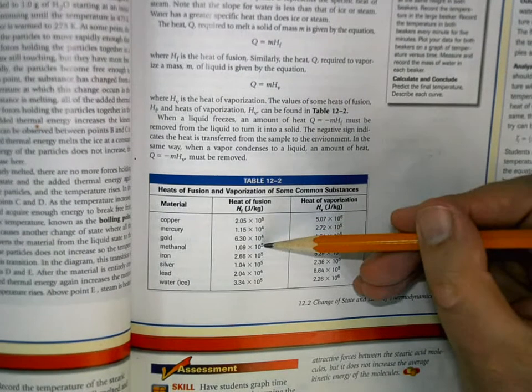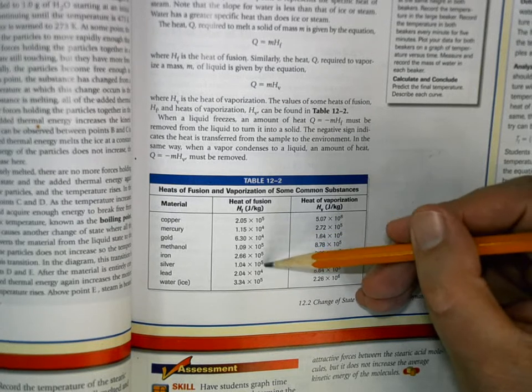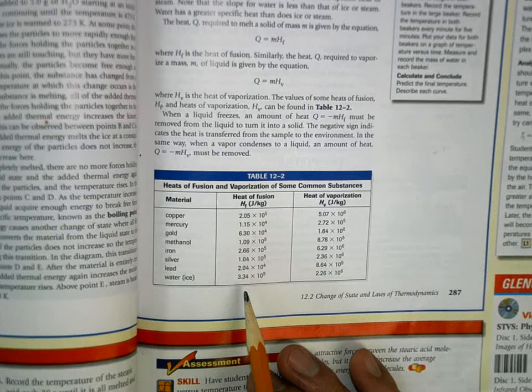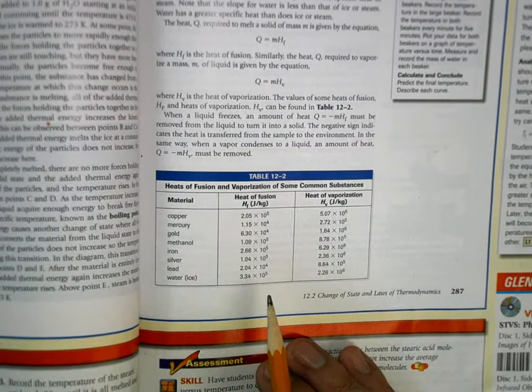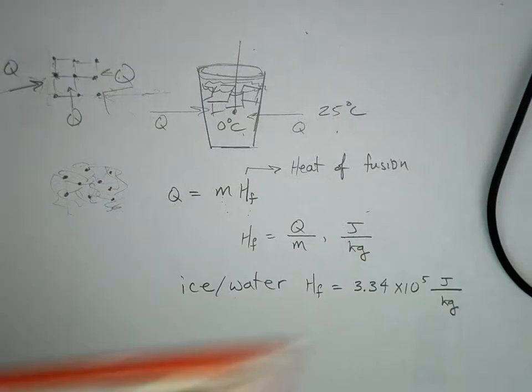The problem is to melt copper, you've got to get it to really high temperature. But look at the 10 to the 4, 10 to the 4, 10 to the 5, 10 to the 5, 10 to the 4. Look at water. Water's the highest of them all. Water has the highest heat of fusion of everything listed here. And we use that. We take advantage of that.